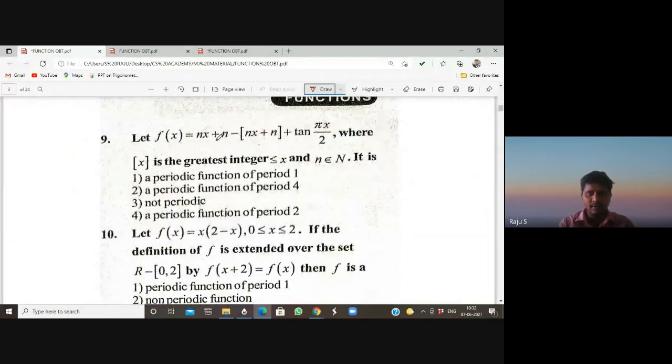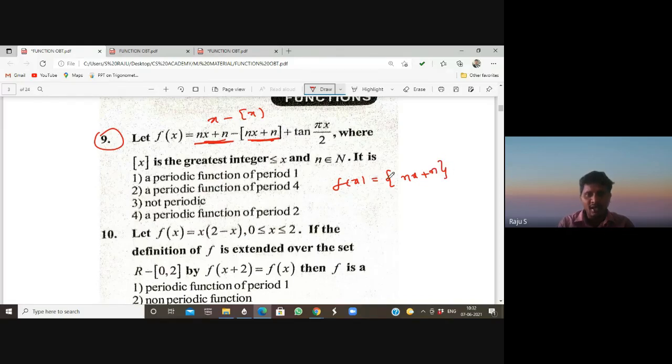Next, see here, question number 9, nx plus n, nx plus n. See, this is in the form of x minus greatest integer. Shall I write this value as f of x is equal to greatest integer of x plus nx plus n?